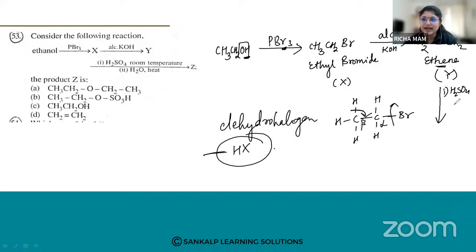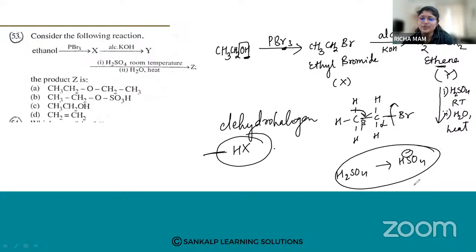Sulfuric acid at room temperature, and then hydrolysis, that is water, and you have to heat it. So what will you get now? Here, at this active double bond center, the sulfuric acid H2SO4 will create an electrophile, that is HSO4 minus.